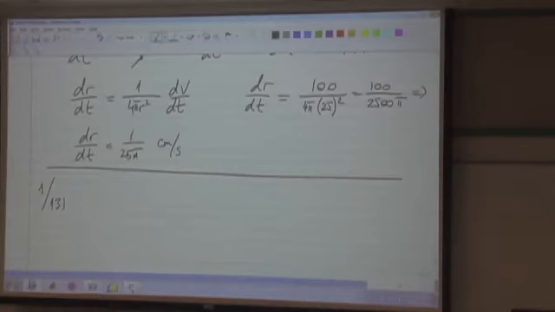If V is the volume of a cube, so we have a cube of length x, with edge length x and the cube expands as time passes, find dV over dt in terms of dx over dt.